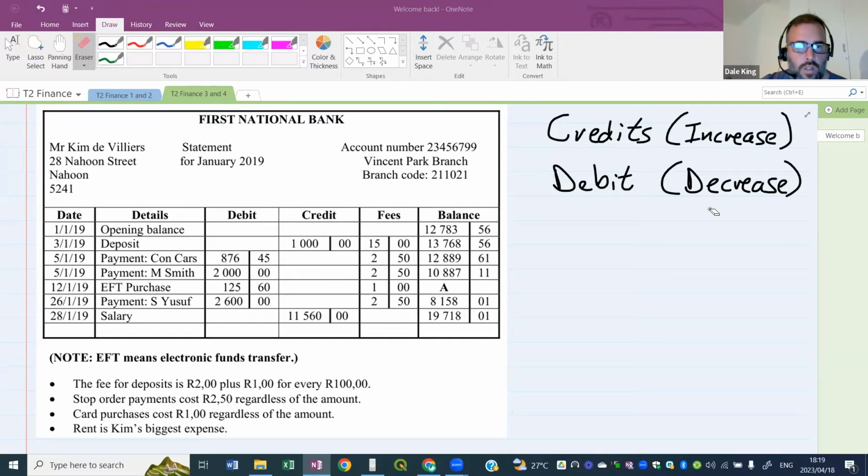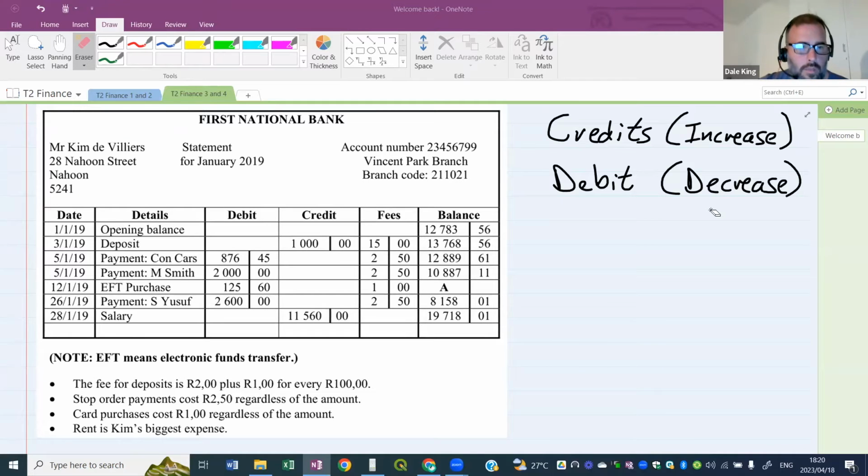We can see a purchase of 125 Rand 60 was made. And in the fees column, there's your fee for your purchase, 1 Rand. So it was 1 Rand to purchase something at the shop, and it costs you 1 Rand, no matter how much your item cost.